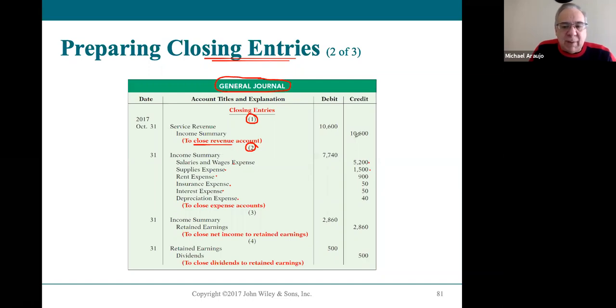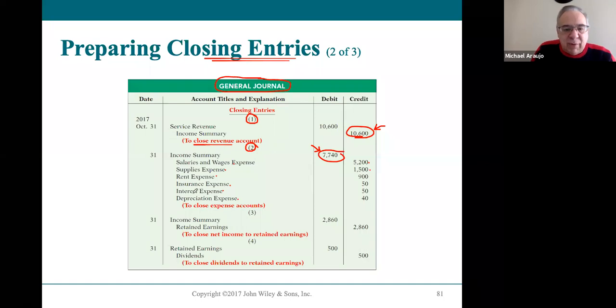Look what's sitting in income summary. These two things are in income summary. This represents the revenue. This represents the expenses. Doesn't this look like exactly what's on the income statement for Sierra Corporation? Total revenue is 10,600, total expenses is 7,740. So the income summary account is sitting there temporarily now with all the revenue on one side and all the expenses on the other side.